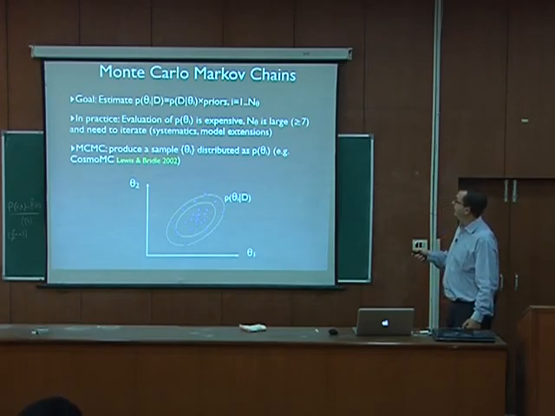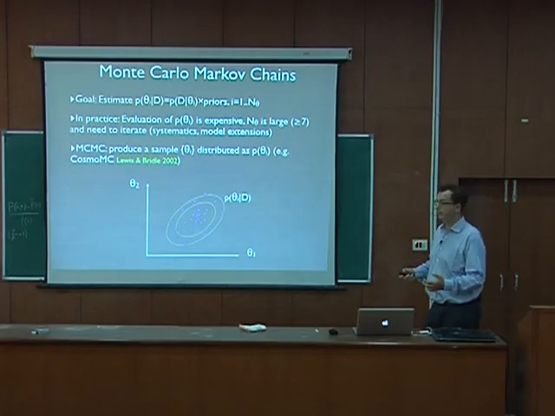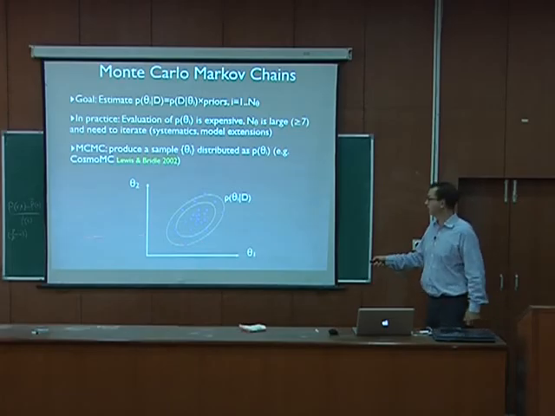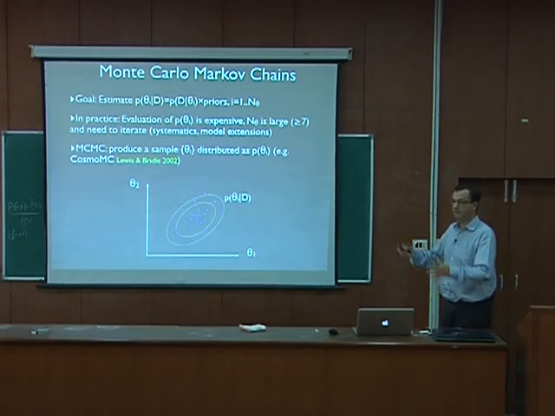So initially, people did it in a straightforward way, when the data was small and the number of models that we considered was small. What you can do is take this parameter space and make a grid. You can put, I don't know, 20 points in this direction, 20 points in this one, 20 points in theta 3 and so on.